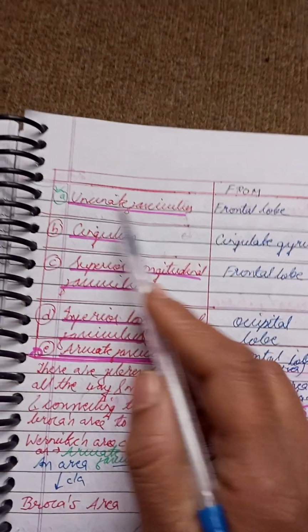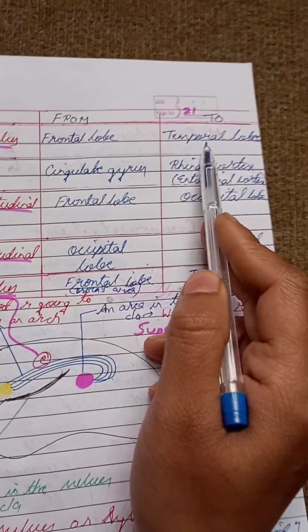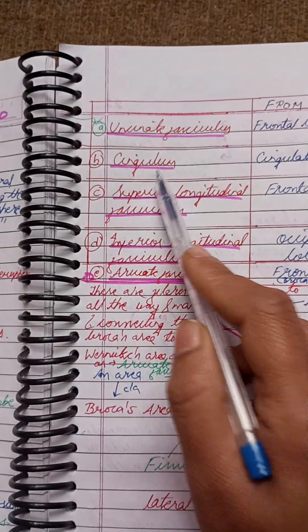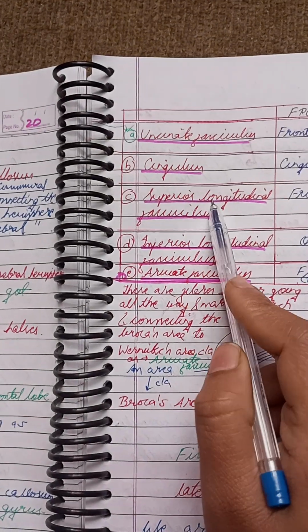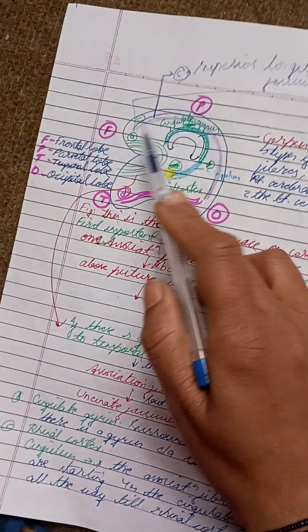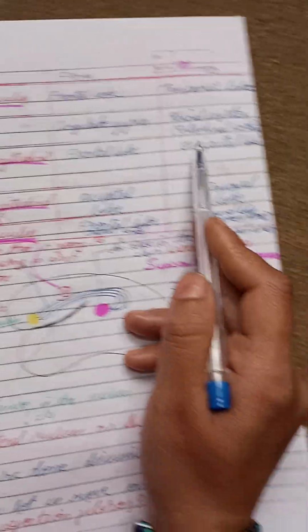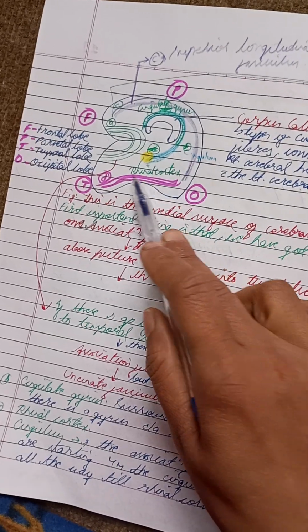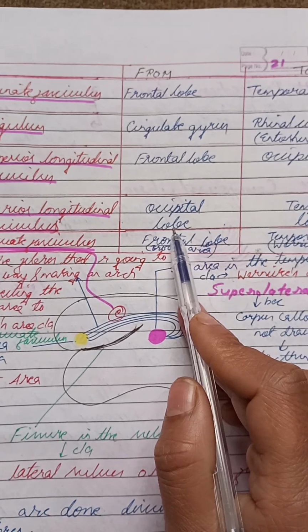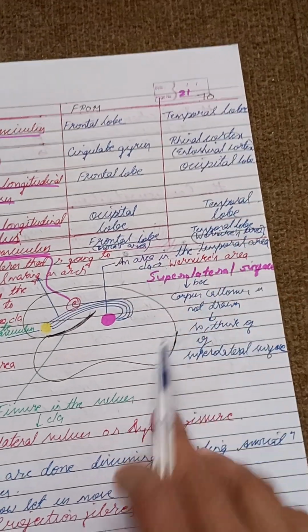The uncinate fasciculus starts from the frontal lobe towards the temporal lobe. The cingulum starts from the cingulate gyrus towards the entorhinal cortex. The superior longitudinal fasciculus goes from the frontal lobe to the occipital lobe. And the inferior longitudinal fasciculus goes from the occipital lobe to the temporal lobe.